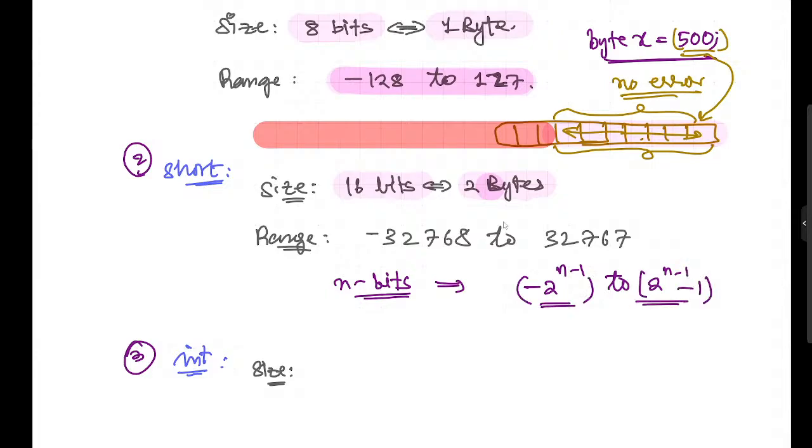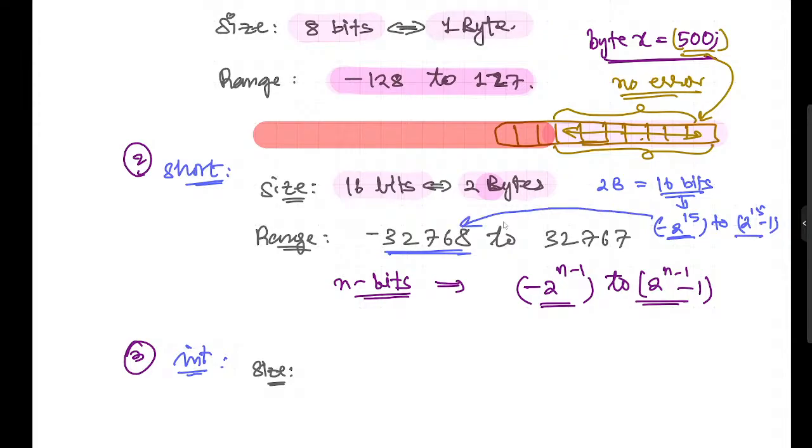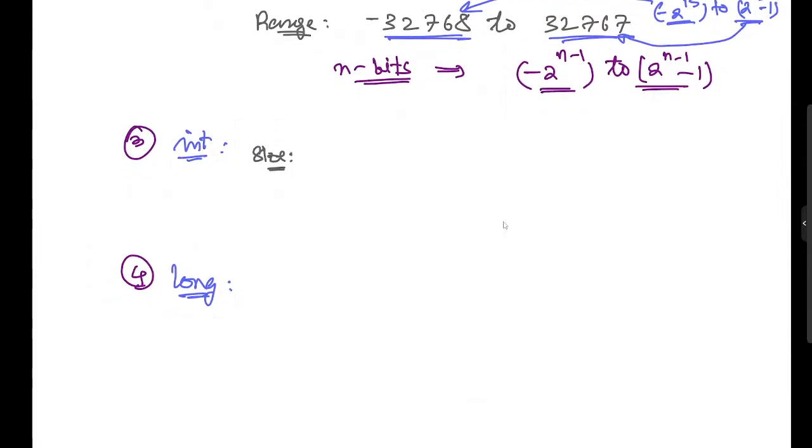So when we have 2 bytes, which is 16 bits, it is minus 2 power 15 to 2 power 15 minus 1. Minus 2 power 15 is this particular number, and 2 power 15 minus 1 is this particular number. Cool, understood?